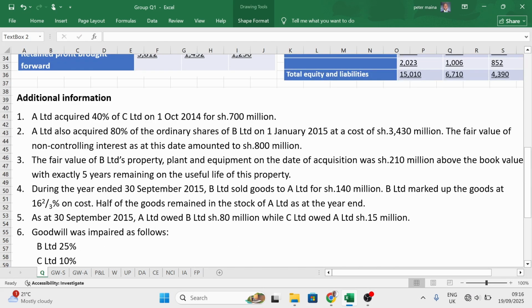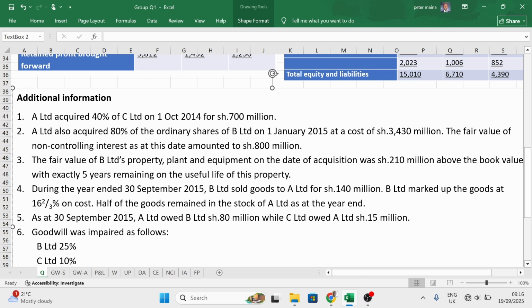Number 1 says, A Limited acquired 40% of C Limited on 1st October 2014 for 700 million. So the percentage of acquisition, 40%, means that the acquired company, that is C Limited, is going to be an associate.